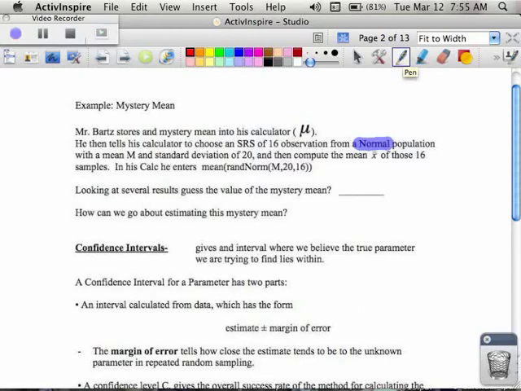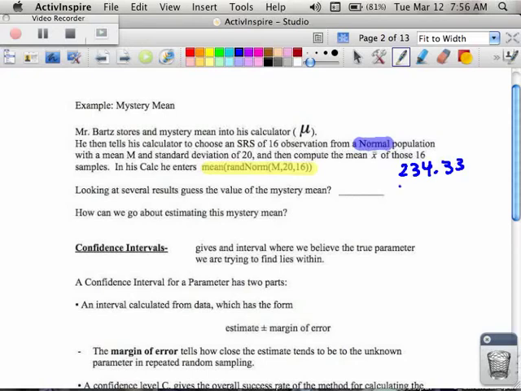It has the mean mu and a standard deviation of 20. We want to find out what the sample mean of those 16 samples is. In his calculator, he types in some stuff to find a sample. Remember, he's already hidden this mean in there. We don't know what it is. And out pops the following pieces of information.